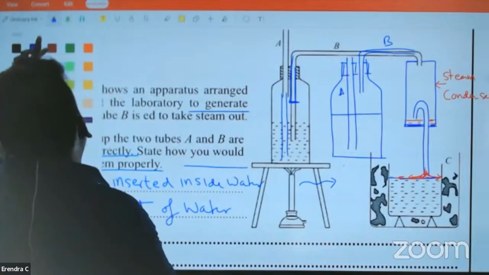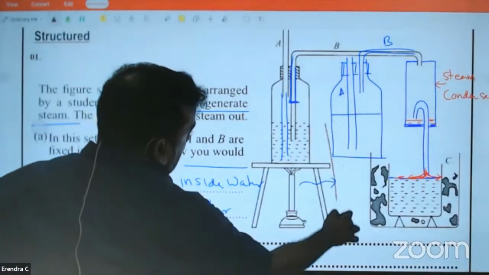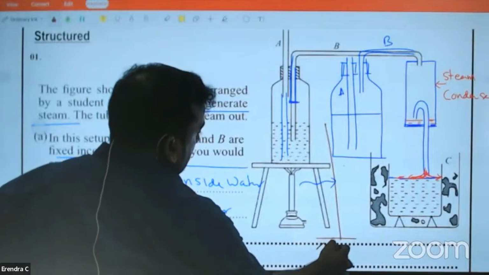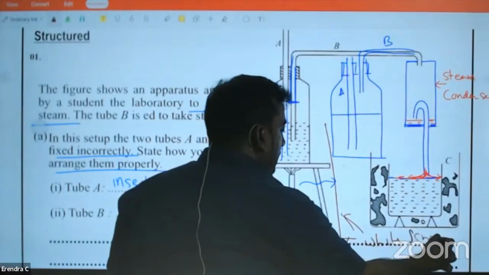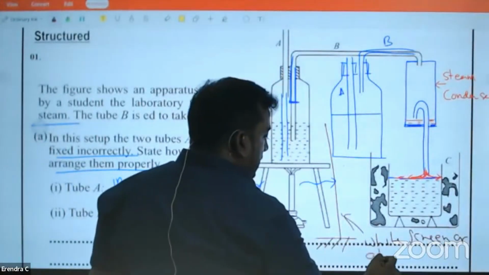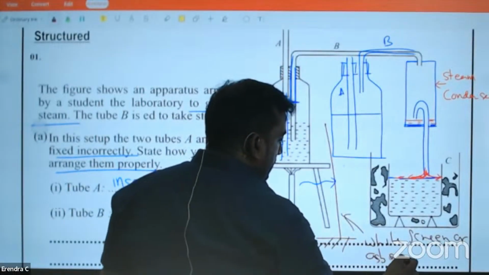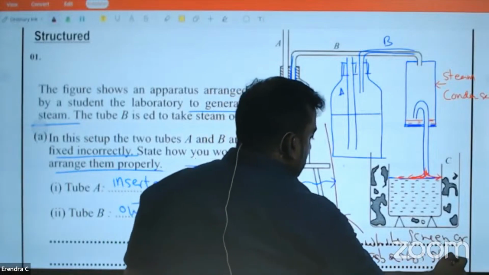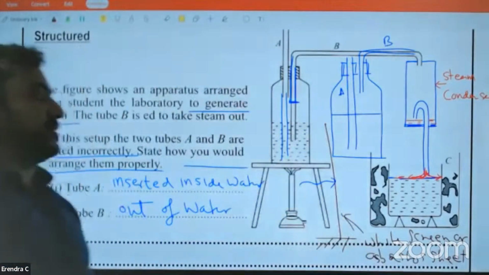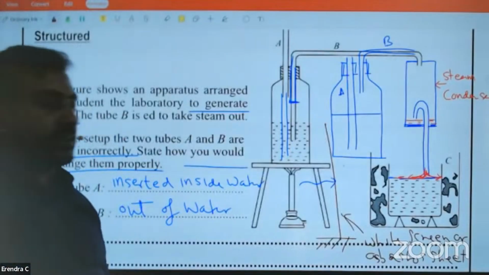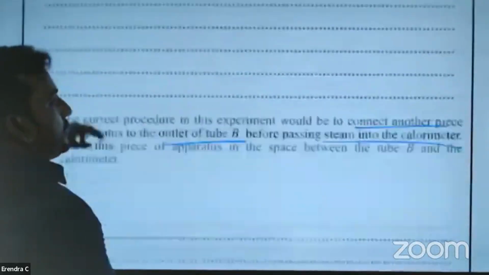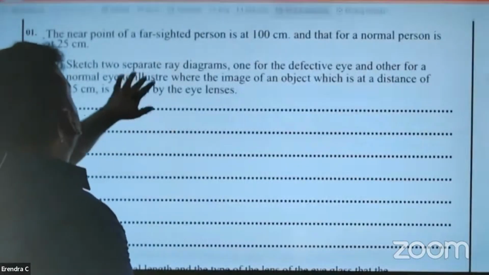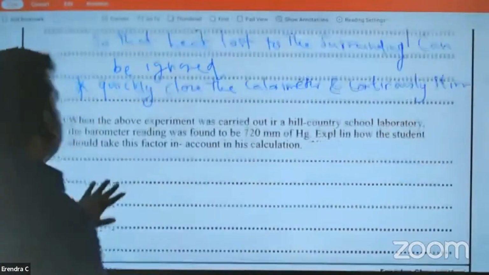What we must do is put a white screen or asbestos sheet to stop radiation heat transfer. That also you can write here.